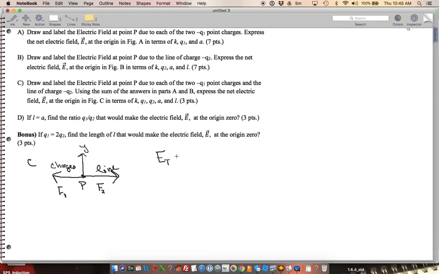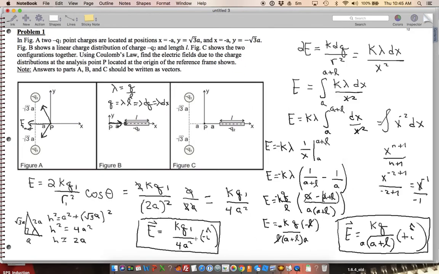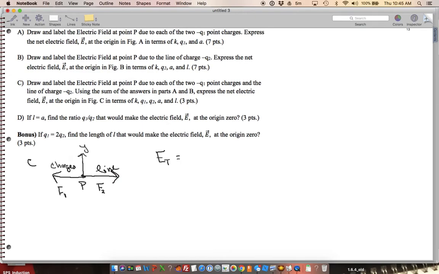Okay, so we want to see what the E total is. E total is equal to, if I go back, I need this one, kQ1 over 4a squared. And this is in the negative direction.